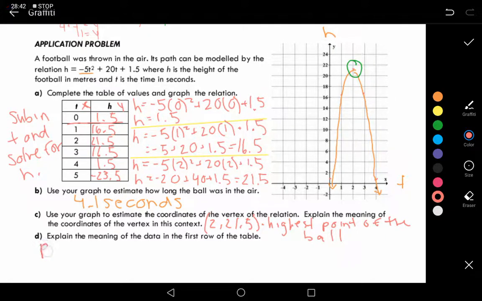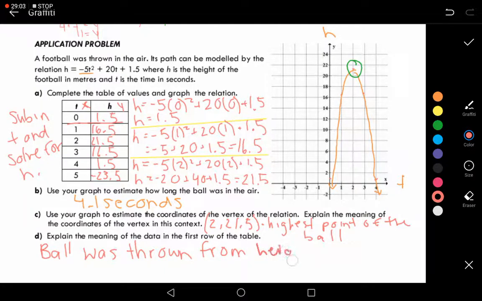So the ball was thrown. Okay, so don't think of it as them standing on a platform of 1.5. Simply, this person's hands are 1.5 meters high from the ground.